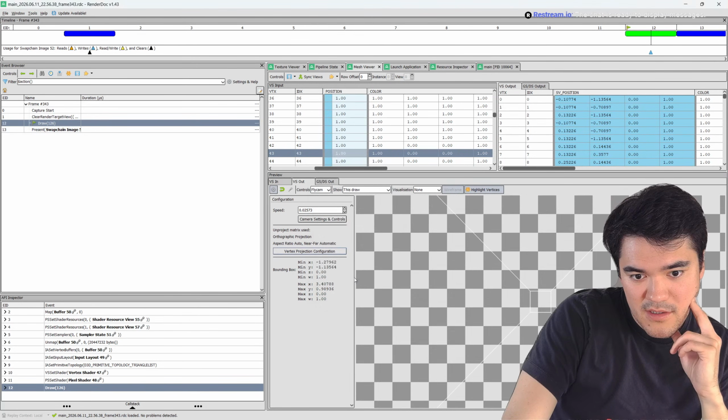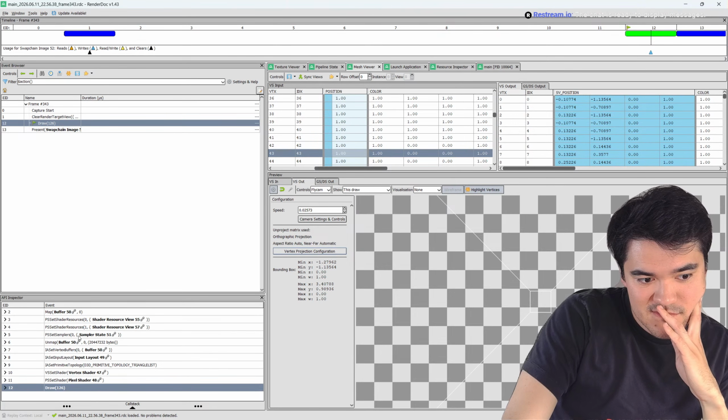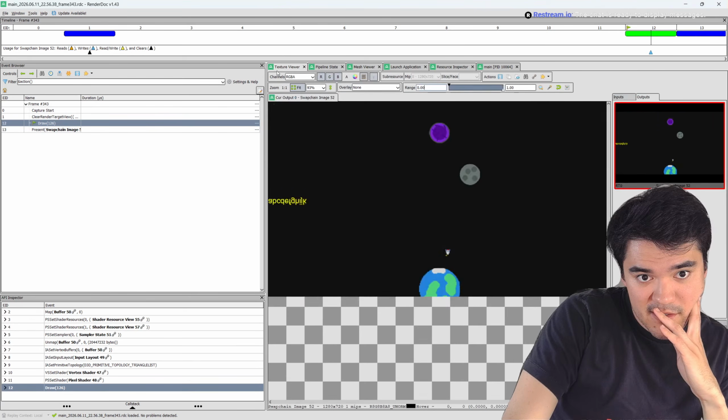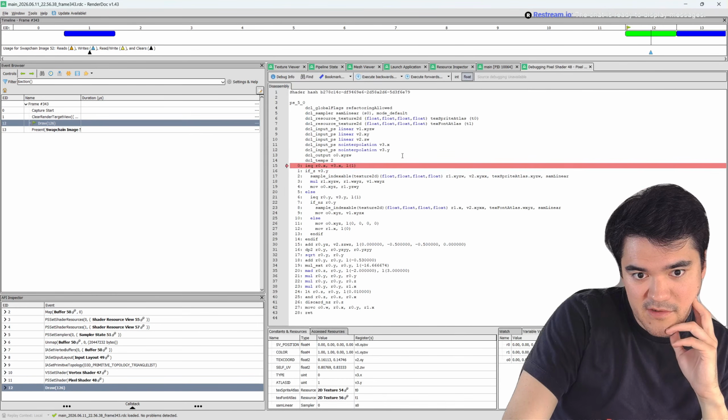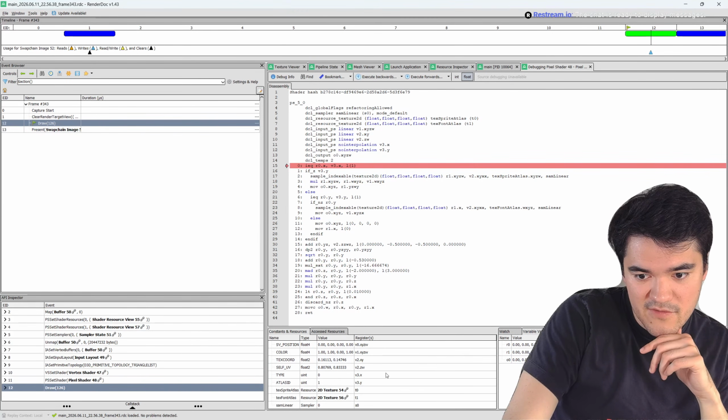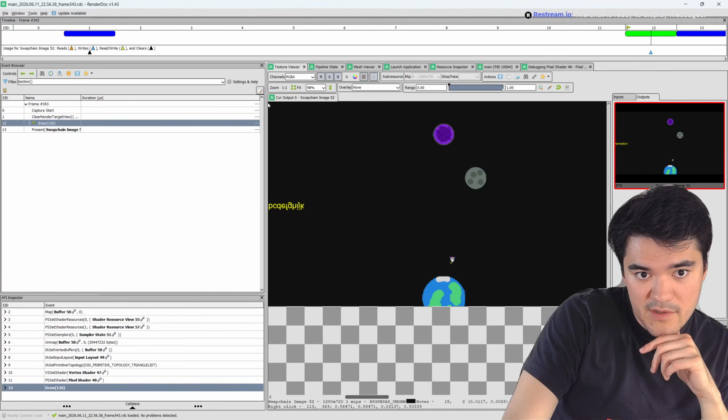If I look at the texture viewer, debug that pixel. Oh, that's cool. Look, I've actually found how you do it. That's awesome. Debug this pixel.